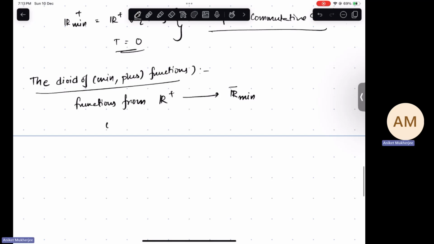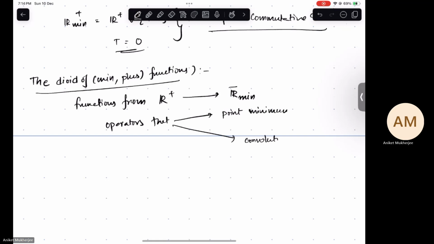The operators that can be performed on these functions are pointwise minimum operators or the convolution operators, right?